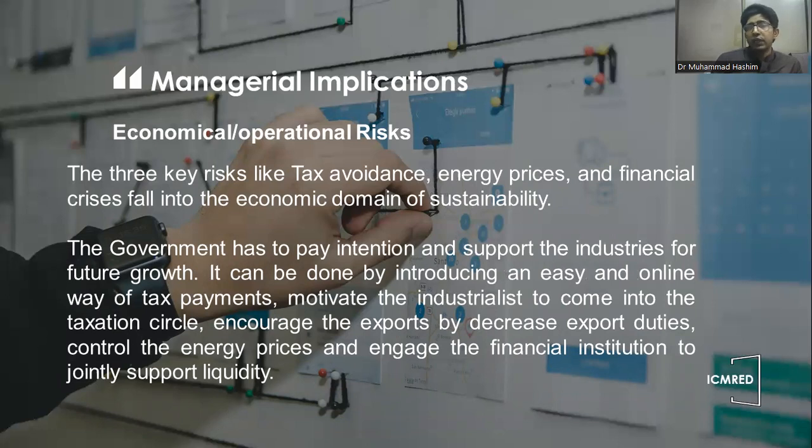The government has to pay attention and support the industry for future growth. It can be done by introducing an easy and online way of tax payment, motivating the industrialists to come into the taxation circle, encouraging exports by decreasing export duties, controlling the energy prices, and engaging the financial institutions to jointly support liquidity.